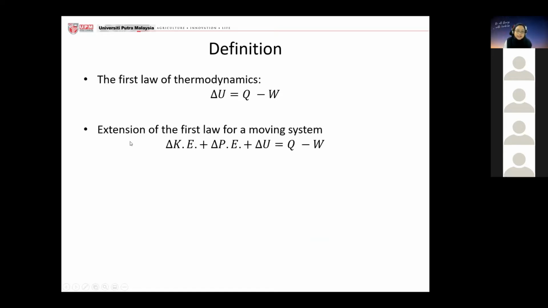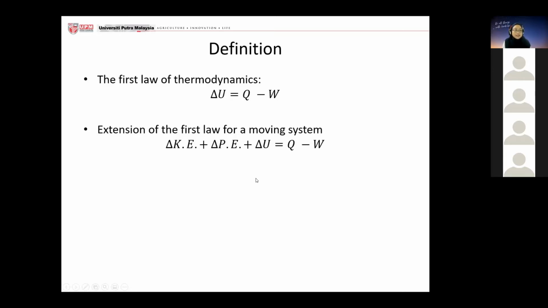Then the extension of the first law for a moving system. Just now it was stationary, but if it's moving, remember in the first week we talked about kinetic and potential energy. If there's any movement, then you're definitely going to have these two. Any changes in those will be equal as well to this, because we are conserving energy.